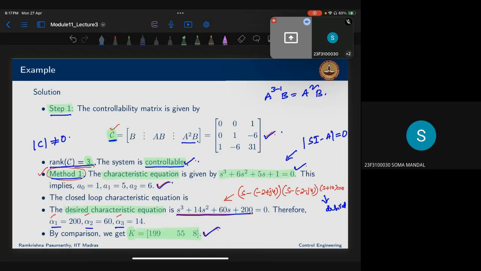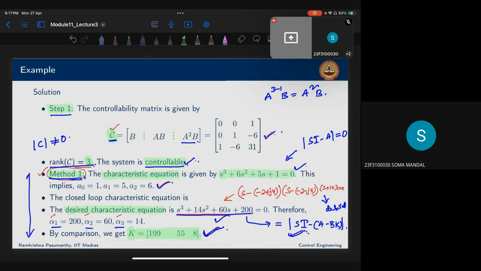It means that this is the desired polynomial that you can equate to the determinant of sI minus A plus BK. This polynomial you will get in s cube. You compare these polynomial coefficients and you get this K matrix. That is method 1, direct.